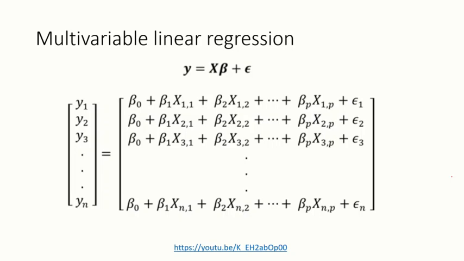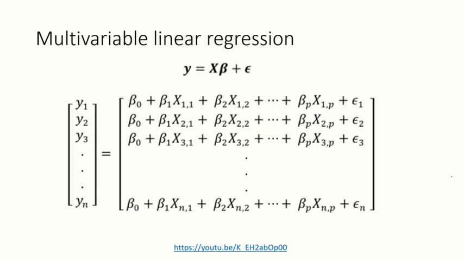So you want to find the best combination of beta 0, beta 1, beta 2 in order to make the difference between this and the observed y, the whole vector, two vectors, as small as possible. That's called fitting this multivariable linear regression model.